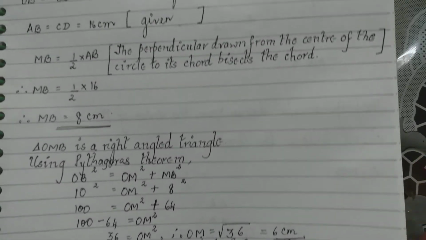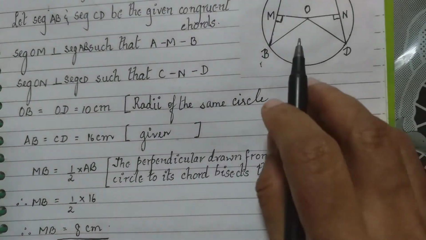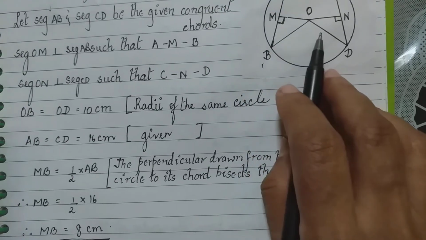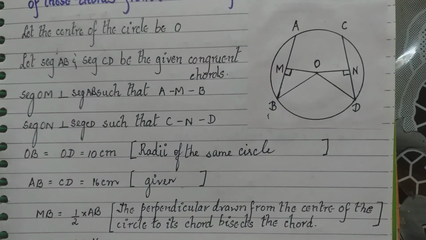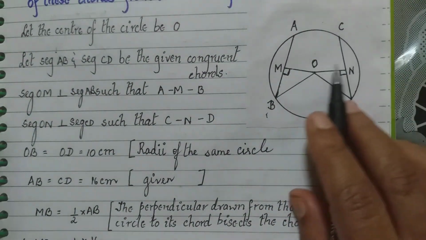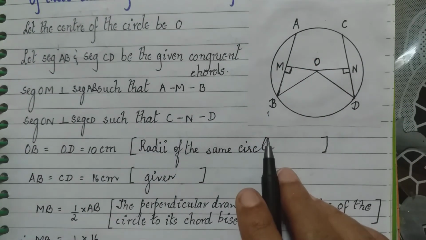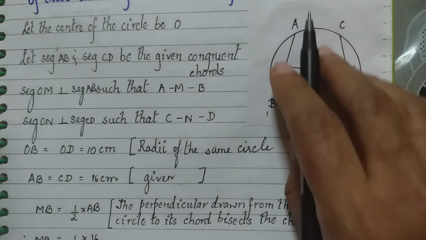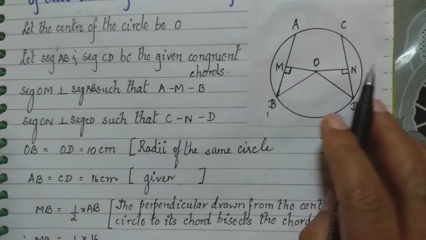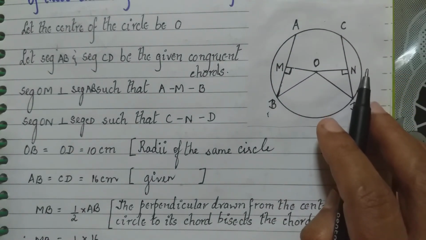Now, if OM is equal to 6 centimeter, we know that ON also will be 6 centimeter. Why? Because we have learnt the theorem that congruent chords are equidistant from the center of the circle.